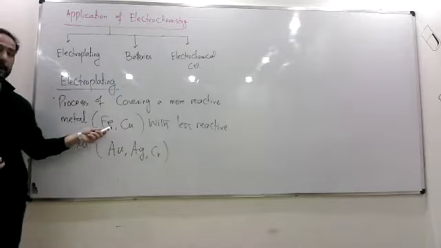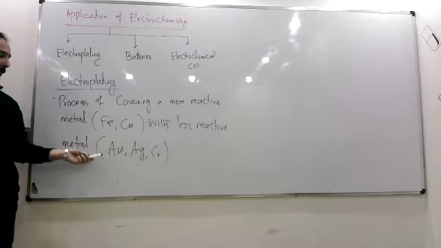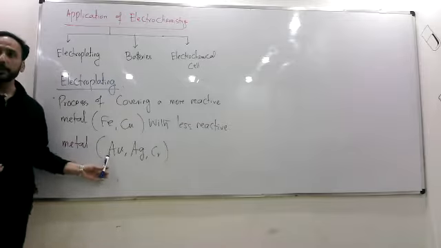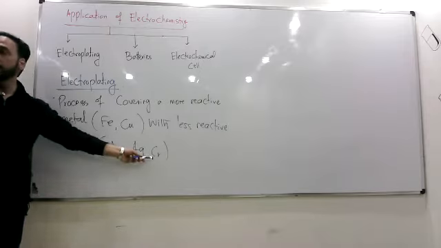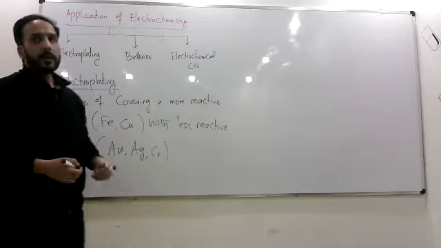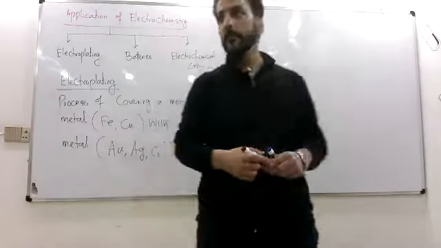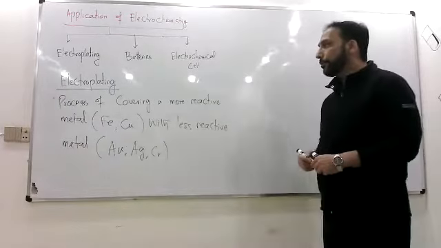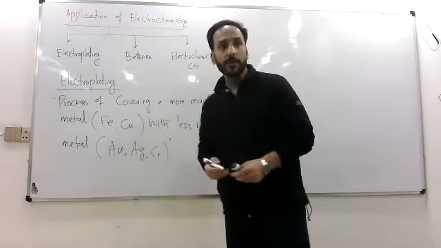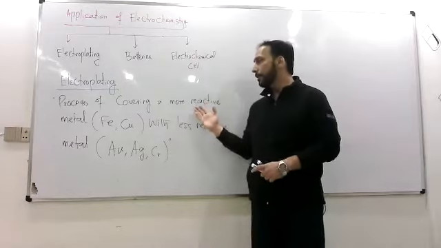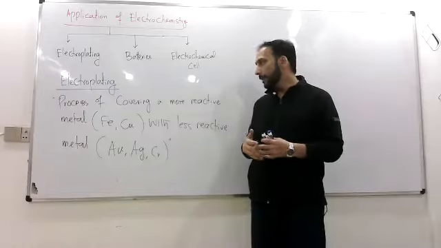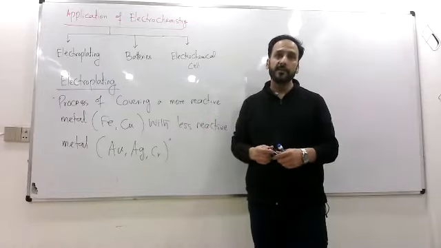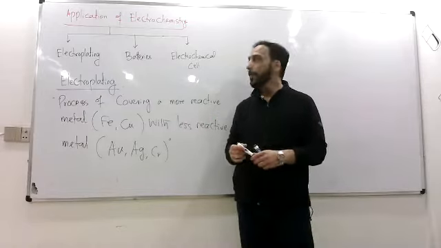So typically iron and copper are coated with Au, which is for gold. Au, aurum, is for gold. Ag is silver, Cr is chromium. So that's what electroplating is. By this electroplating process, we cover or coat a more reactive metal with a less reactive metal. We cover it with that.